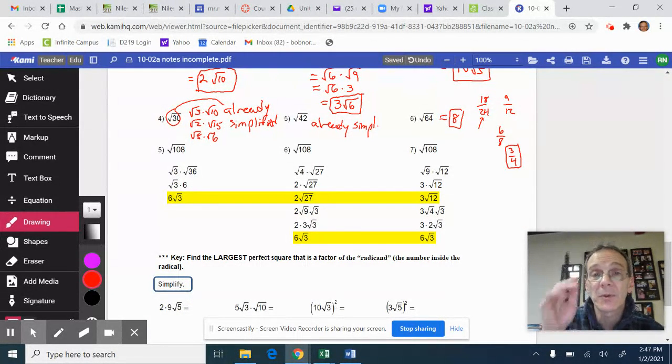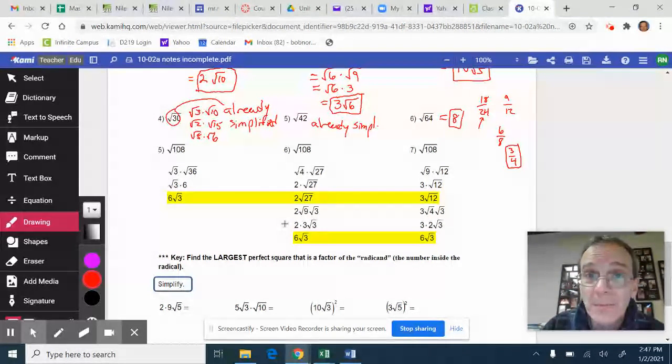Okay, so if I scroll down a little bit, you can see that if we get an answer of 2 times the square root of 27, you've got to recognize, and this really only comes with practice, that the square root of 27 by itself could be reduced some more. See, it breaks up into the square root of 9 times the square root of 3. The square root of 9 becomes a whole 3. Notice in that second to last line there, I've reinserted a multiplication dot between the whole 2 and the whole 3 so that it doesn't look like 23, right?